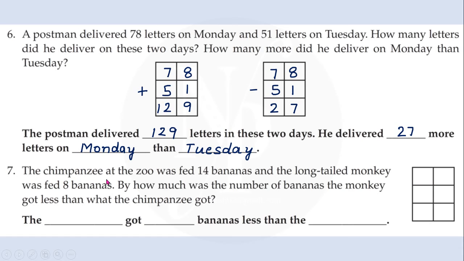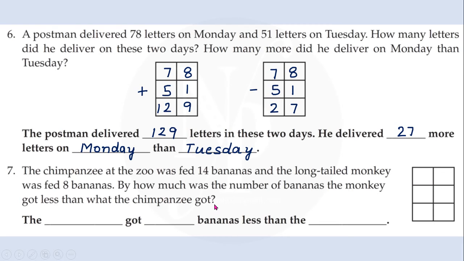The chimpanzee at the zoo was fed 14 bananas, and the long-tailed monkey was fed 8 bananas. By how much was the number of bananas the monkey got less than what the chimpanzee got?